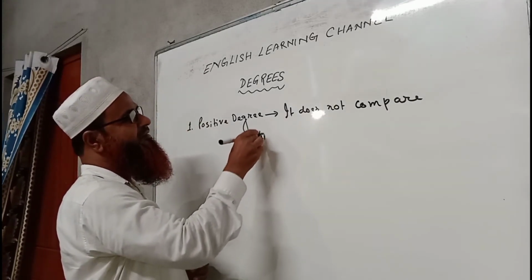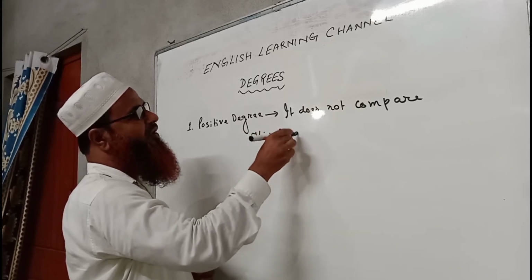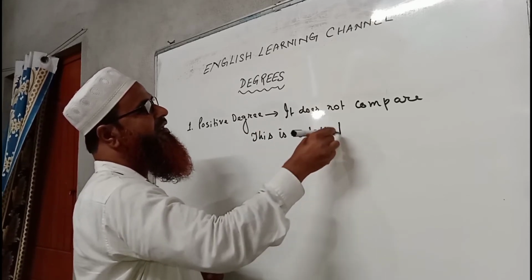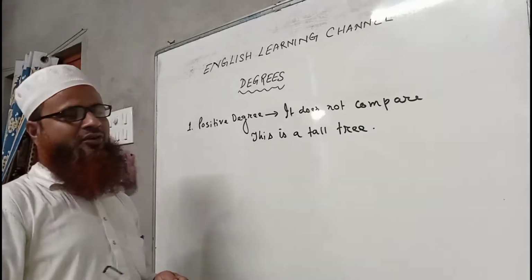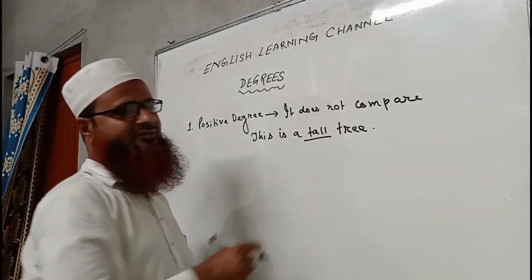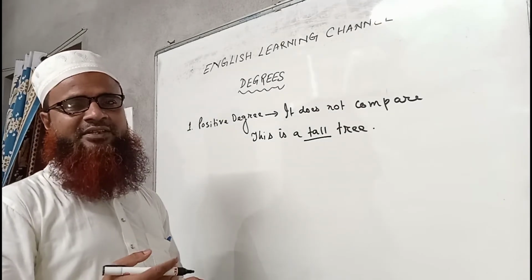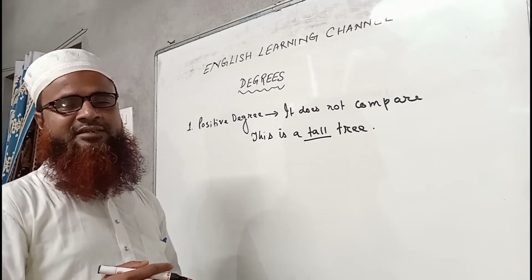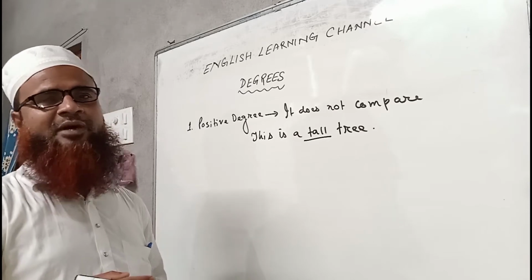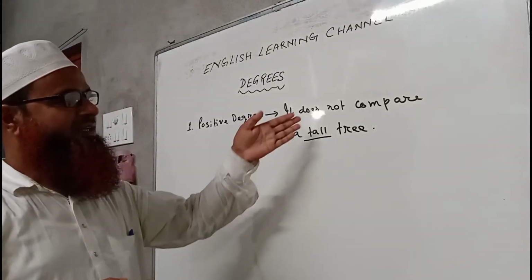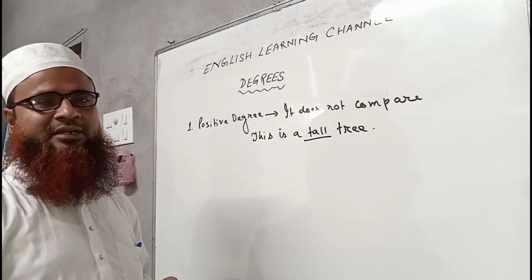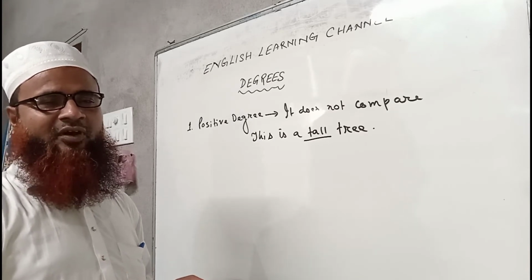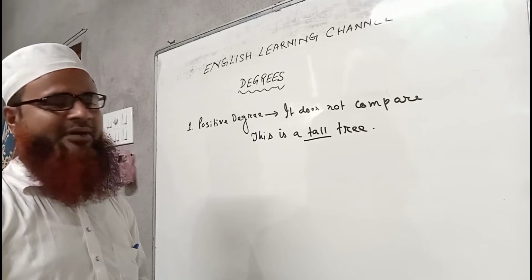This is a tall tree. So here tall is an adjective. The form of the adjective is changed into comparative and superlative degree, and the changes of degree will take place only in the case of adjectives and adverbs.